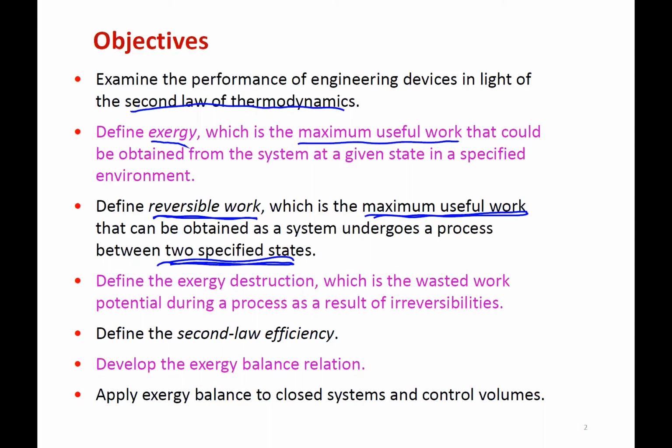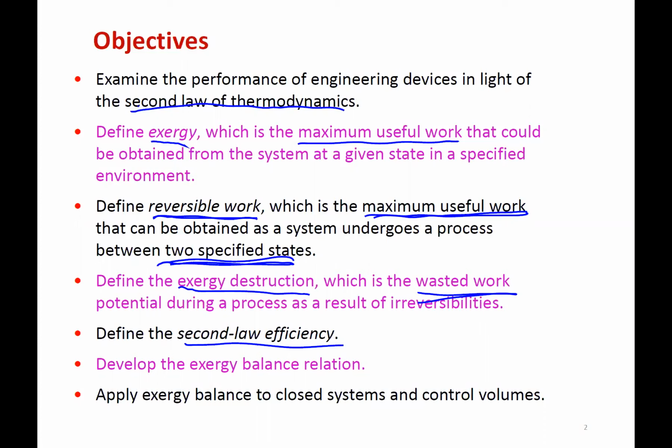Okay, we bring up exergy destruction, which is basically wasted work during a process. We define the second law efficiency in this. We've talked about thermal efficiency, which is just a ratio of energies, or efficiency, desired output over required input.